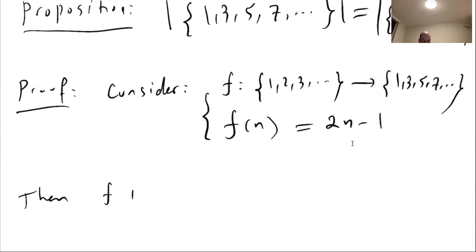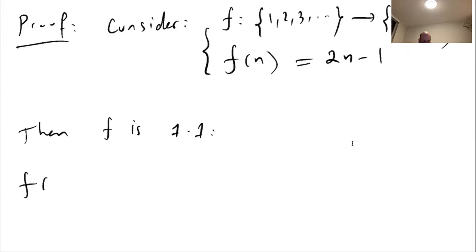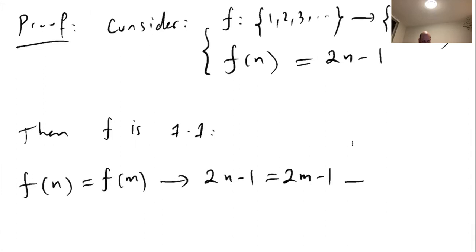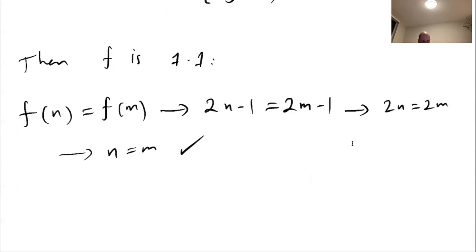Then f is 1 to 1. Why is it 1 to 1? Because if I have f of n equals f of m, that means 2n minus 1 must be equal to 2m minus 1. That means 2n must be equal to 2m, and that means n must be equal to m.